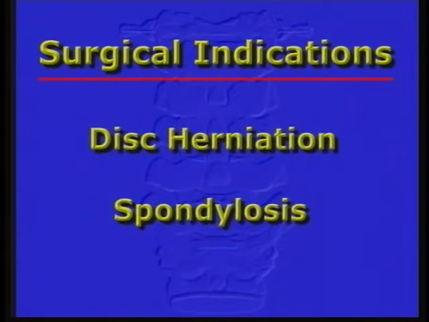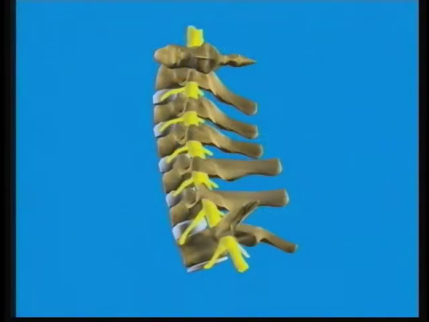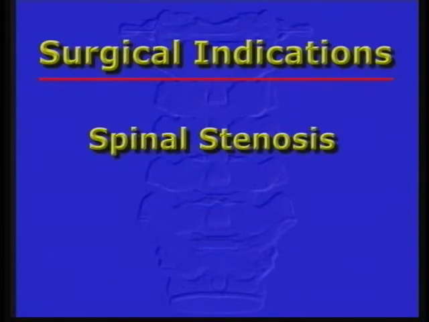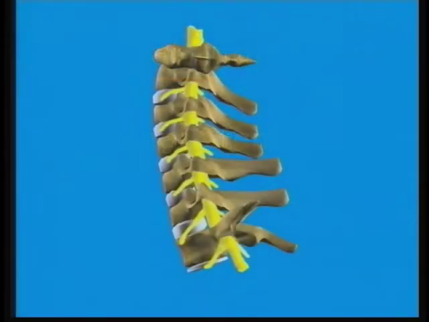Spondylosis. Spondylosis is a condition where bone spurs form around the disc space, nerve roots, and/or spinal canal. Spinal stenosis. Spinal stenosis is the narrowing or constriction of bony passages that surround the nerve roots and/or the spinal canal.